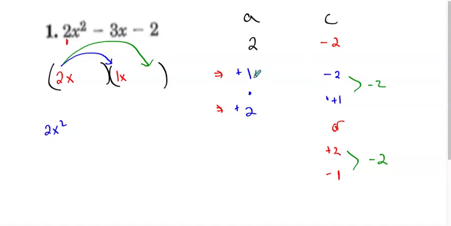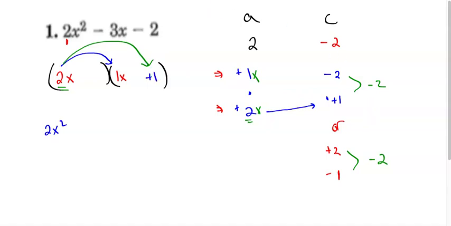So this is my 1x, this is my 2x, right? So I'm talking about this 2x here. So 2x is either going to multiply times negative 2, so I could put negative 2 here, and that's 2x times negative 2. Or, let me scratch that out. Or I'm going to take 2x and multiply by positive 1.